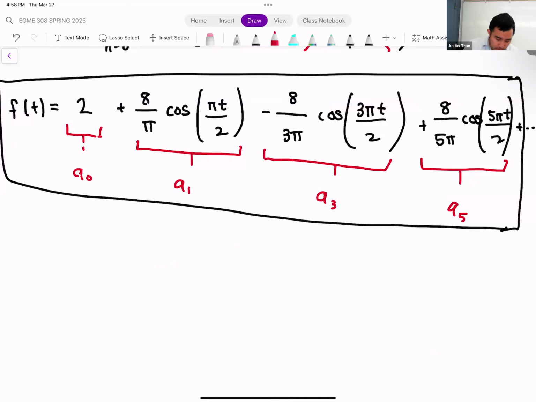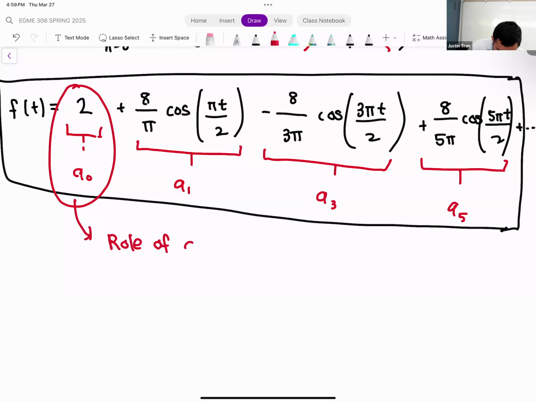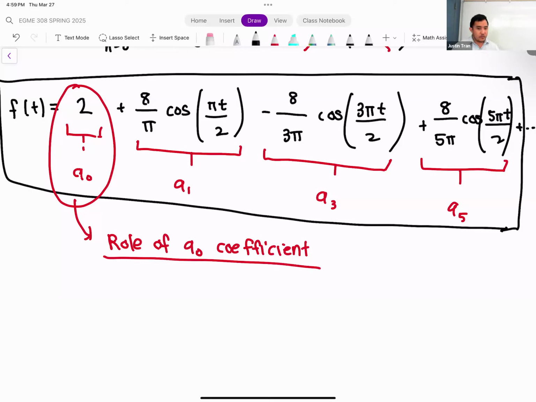Okay, so the first thing I want to talk about, which is perhaps a long time coming, is to answer the question, why do we compute A0 separately from the other ANs and BNs? So let's talk about the role of the A0 coefficient. A0 is actually a very interesting coefficient because it's the only coefficient in our expansion that's not multiplied by a sine or cosine.